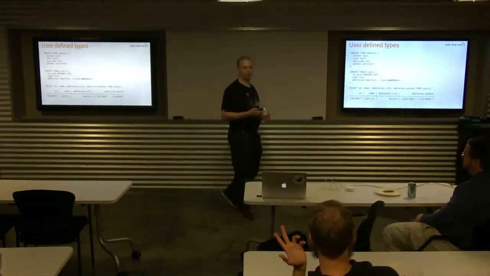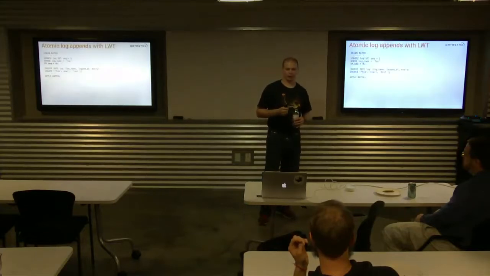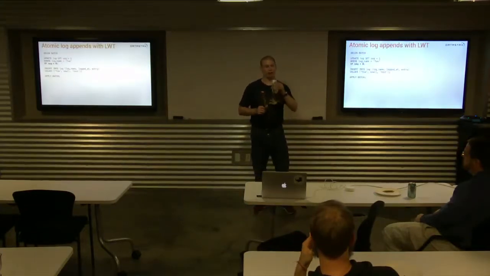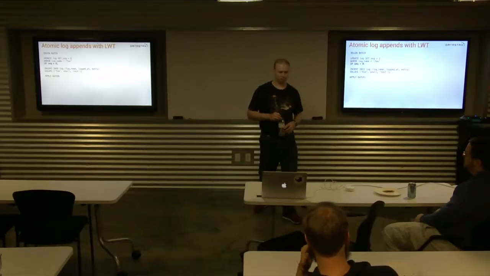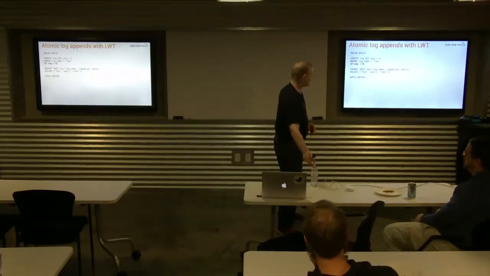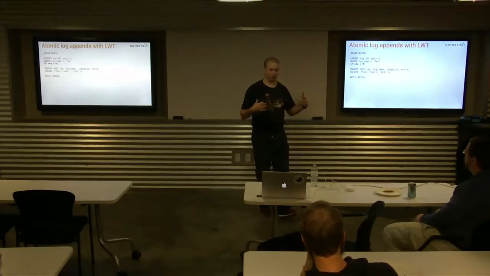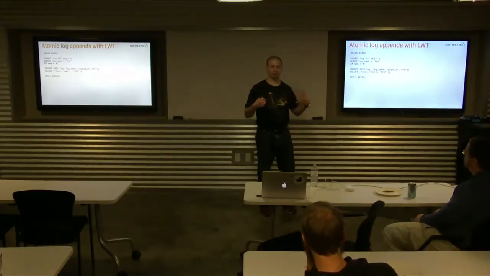Is that only applicable to static columns? Which part? Well, sequence was static in the last slide, so does this only apply to static columns? You can do multiple updates and inserts within a partition and within a lightweight transaction.